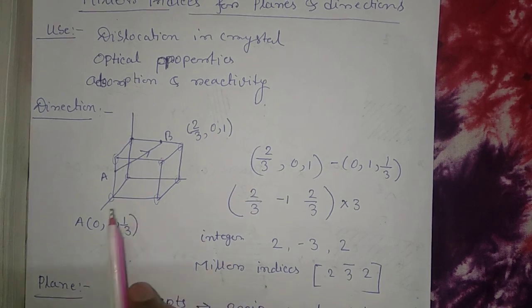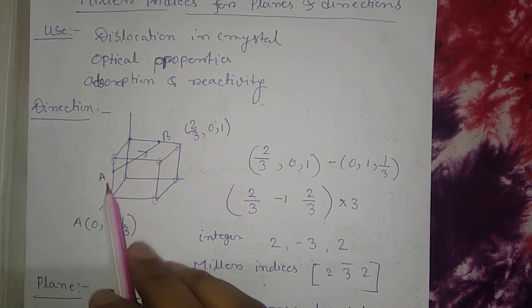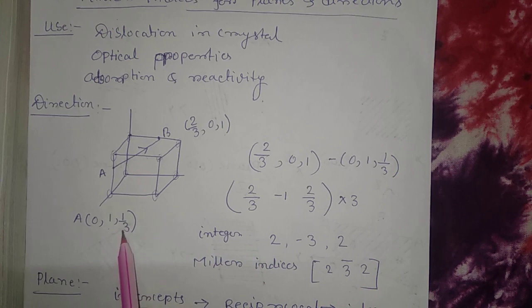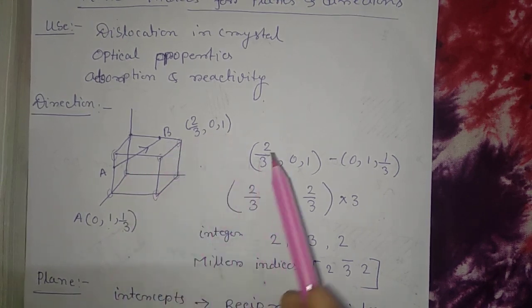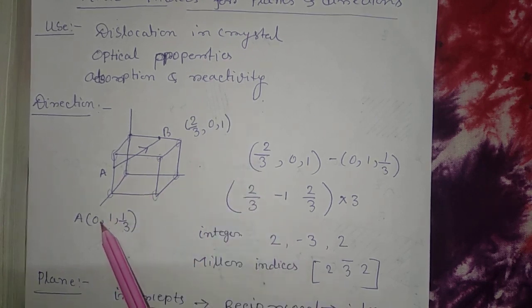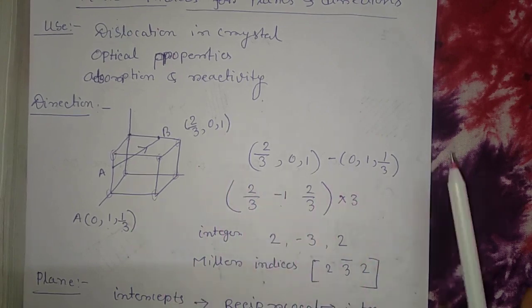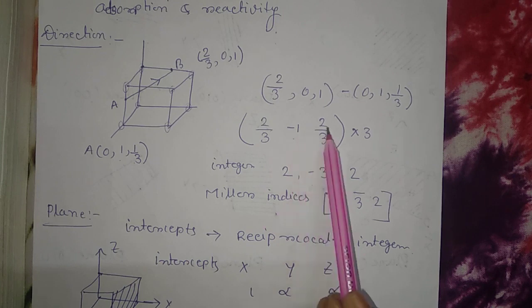Now suppose a particular vector r is moving from the point 0, 1, 1/3 to the point 2/3, 0, 1. The vector will be calculated as 2/3 minus 0, 0 minus 1, and 1 minus 1/3. So you get 2/3, minus 1, 2/3.